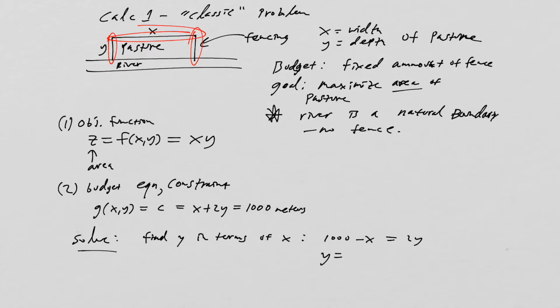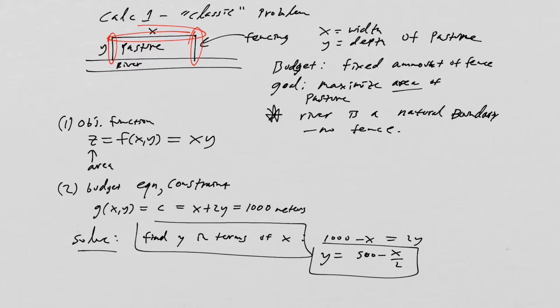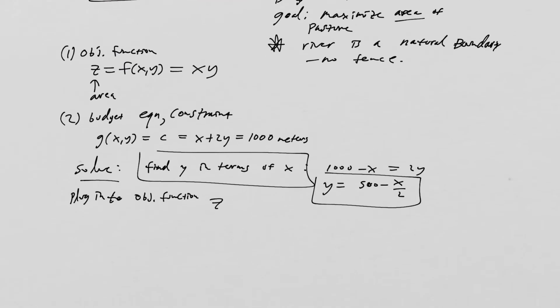So y is going to be equal to 500 minus x over 2. Right, that's always the first step here. Find y in terms of x. And then what you do is, of course, plug in to the objective function. So we have z, give ourselves a little bit more room here. z is equal to x times y. We can now write that as x times (500 minus x over 2).